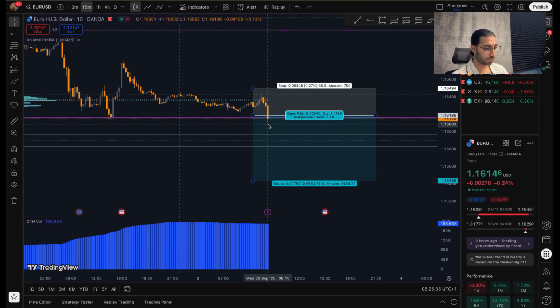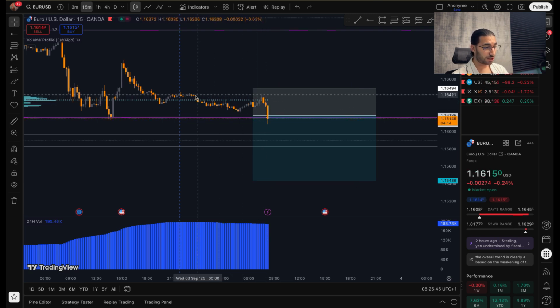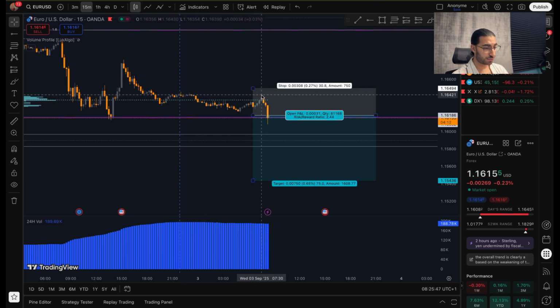If, for example, I have a big rejection of the candle here, I might be careful about that price pushing to the upside too much and breaching these levels, as this will invalidate my trade, and I don't want to take the full hit, so I'll probably close the trade.